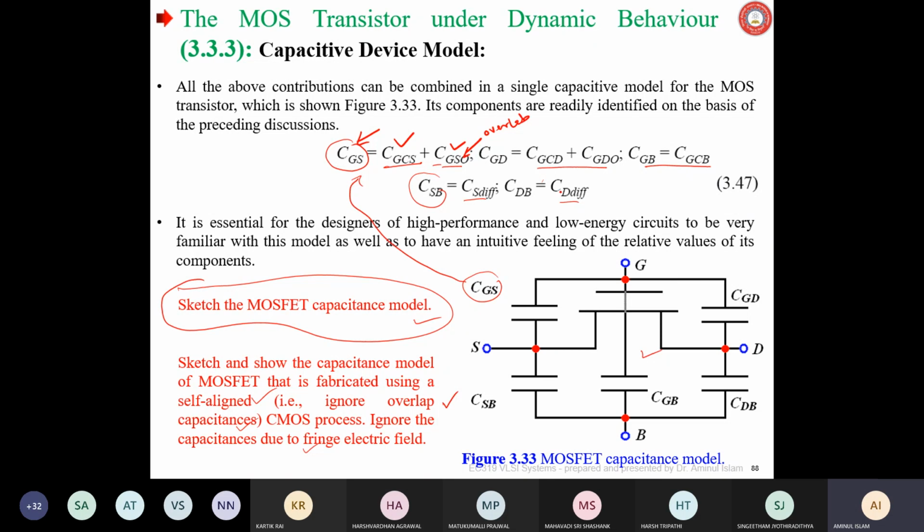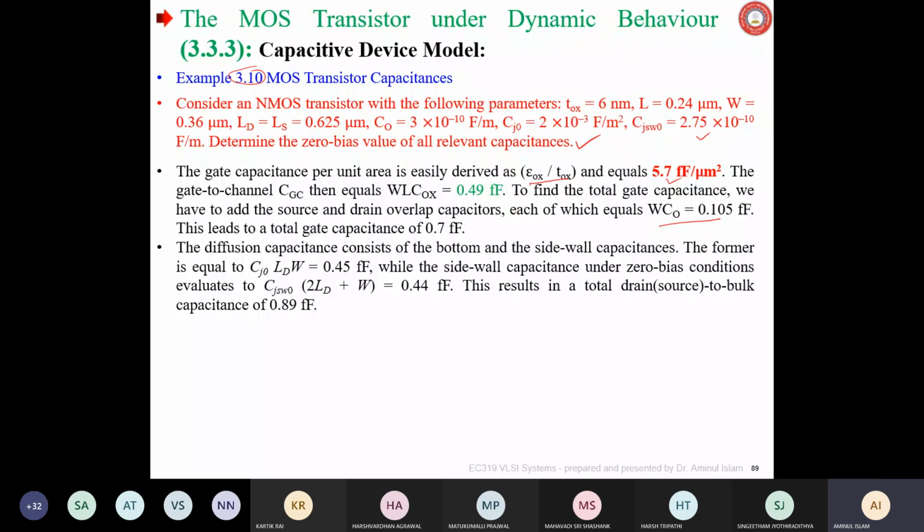Overlap we have discussed. Here CGD also includes the overlap portion of the capacitance on the drain side. CGB is the gate to body capacitance, CSB is the source side diffusion capacitance, and CDB is the drain side diffusion capacitance. I hope you understand that, because we have already discussed this.